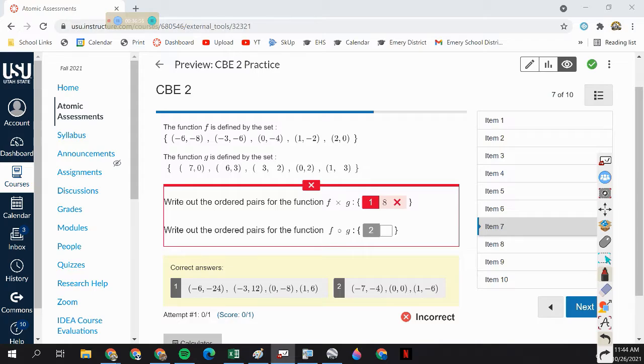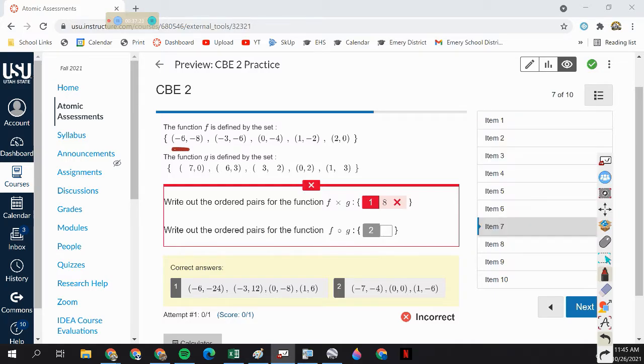So, what is f times g? Do you see how we get those answers? F times g. You times the y's of the matching x's. Do you see that?